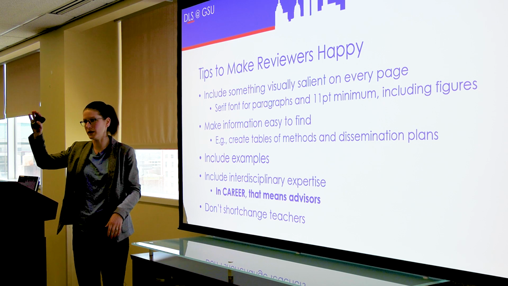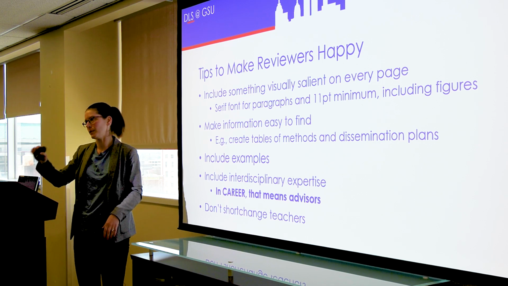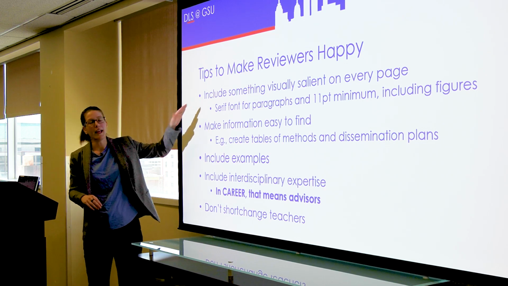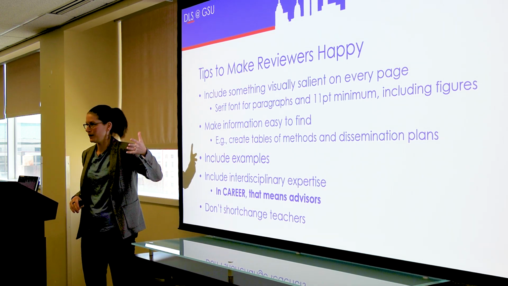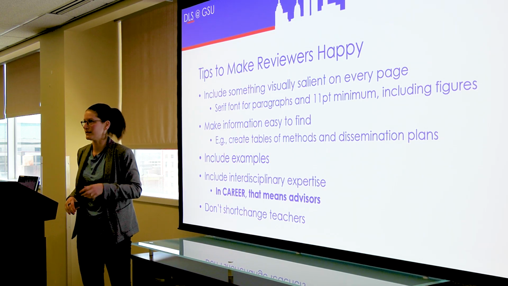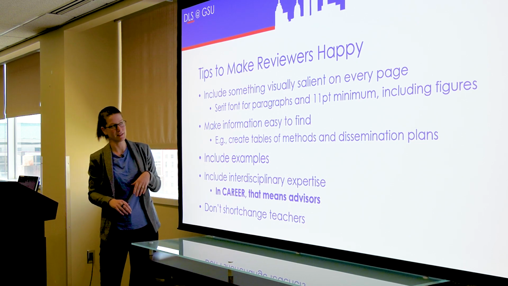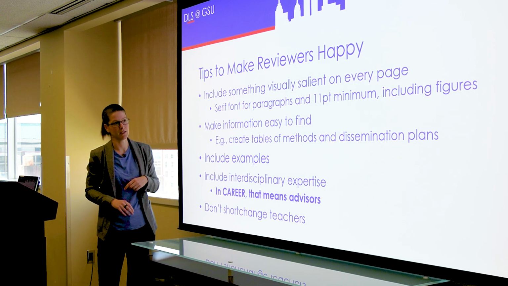So it helps the reviewer identify what's the purpose of this page. And it also helps them remember when they're in the panel discussing things, where to find information, which is really important. So that's related to the second point, make information easy to find.